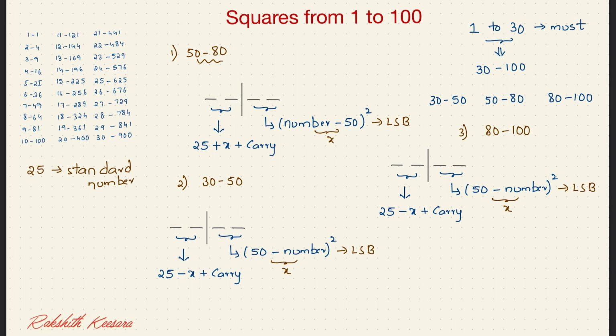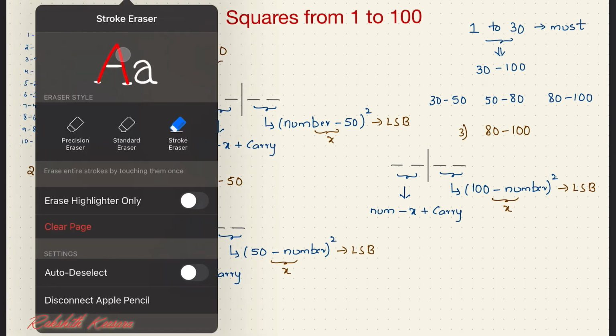Instead of comparing from 50, you need to take 100 as reference. So 100 minus that number. And here, instead of subtracting from 25, you need to subtract from the number itself. That is number minus x plus carry. Yeah, that's it. So these are the 3 things you need to remember.